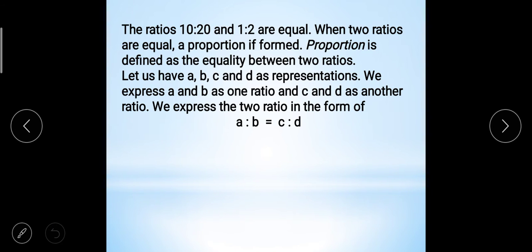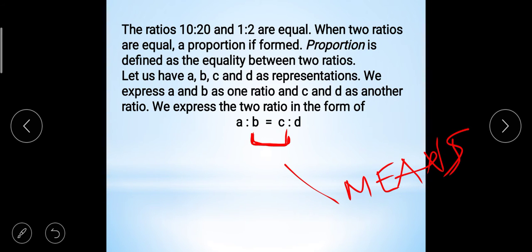Okay? So, para malaman natin if these two are proportion, we need to get the product of the means and the product of the extremes. So, this one, yung nasa loob, ito yung nasa loob. This is called the means.